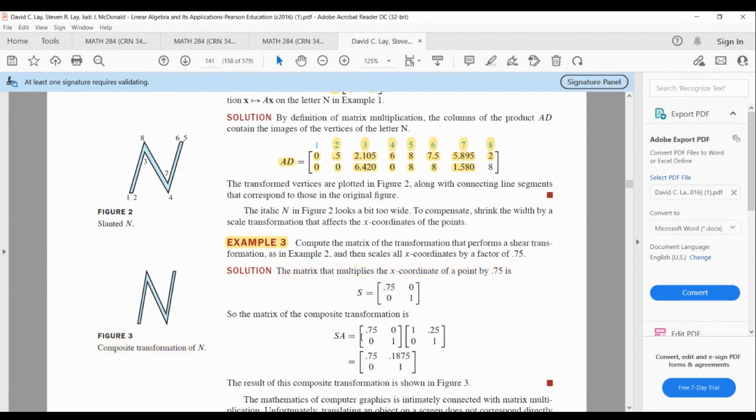If we look here in this composite transformation, what's being done first? The scale, I want to say it the right way. Sorry.